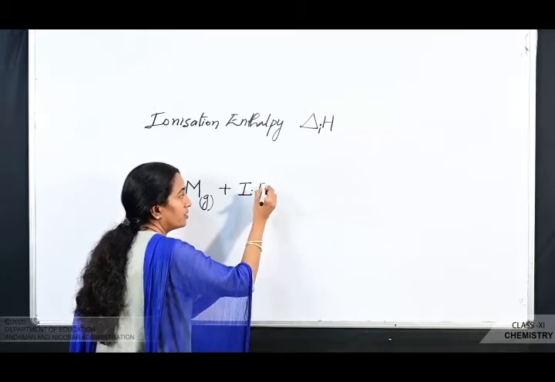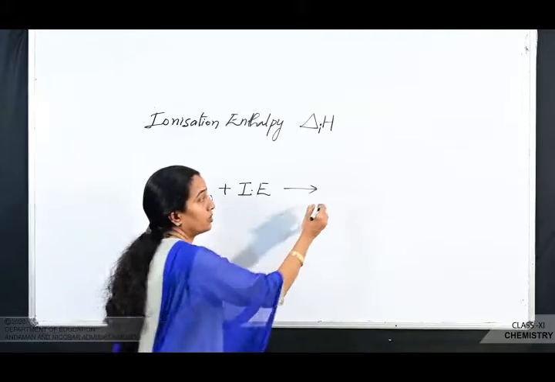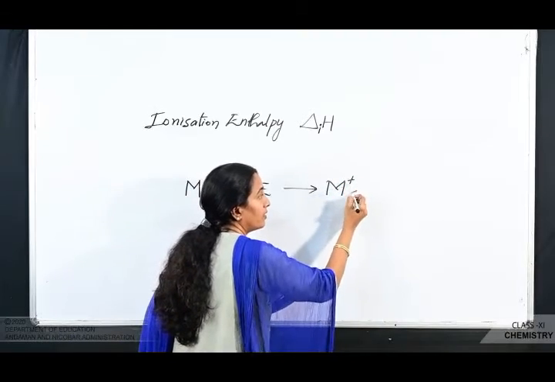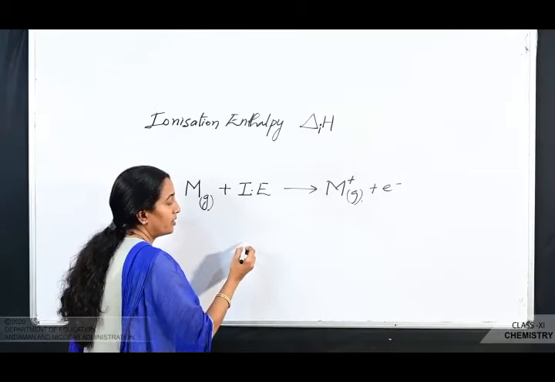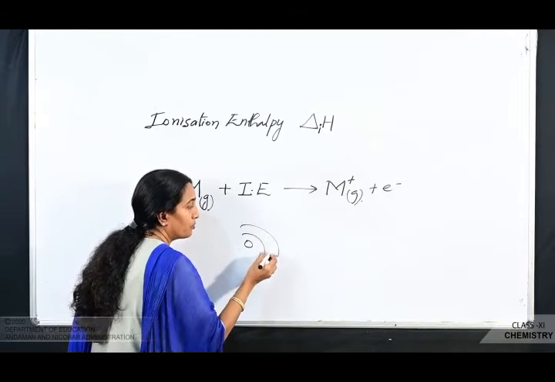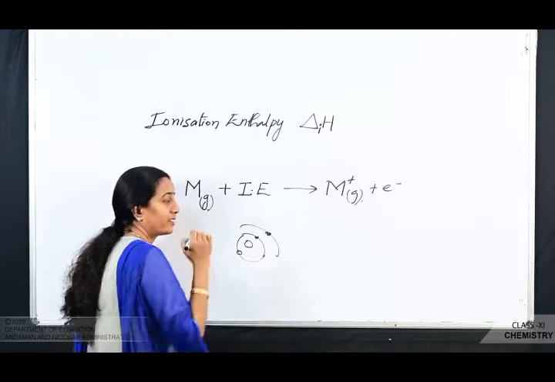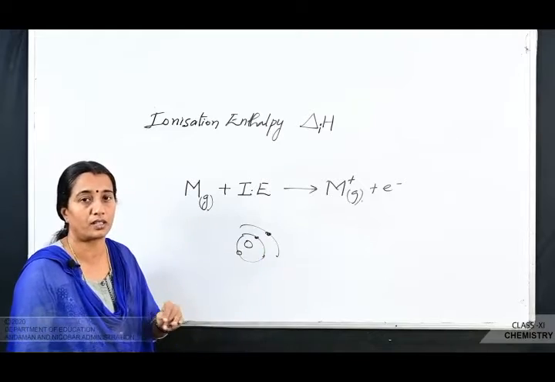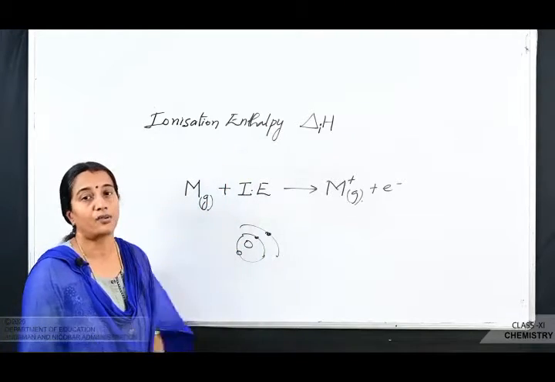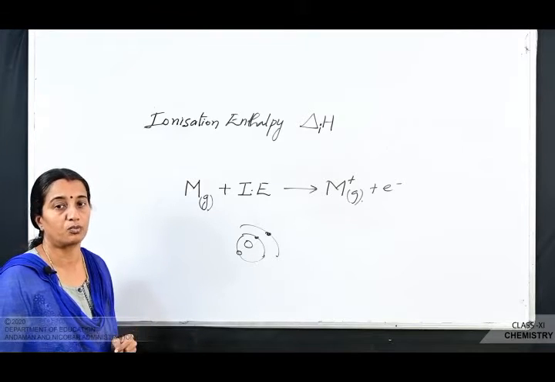The energy required to remove the electron is called the ionization enthalpy. That means if you want to remove this electron, electron को हटाने के लिए how much energy is required? That energy is called the ionization enthalpy. Its unit is kilojoule per mole.